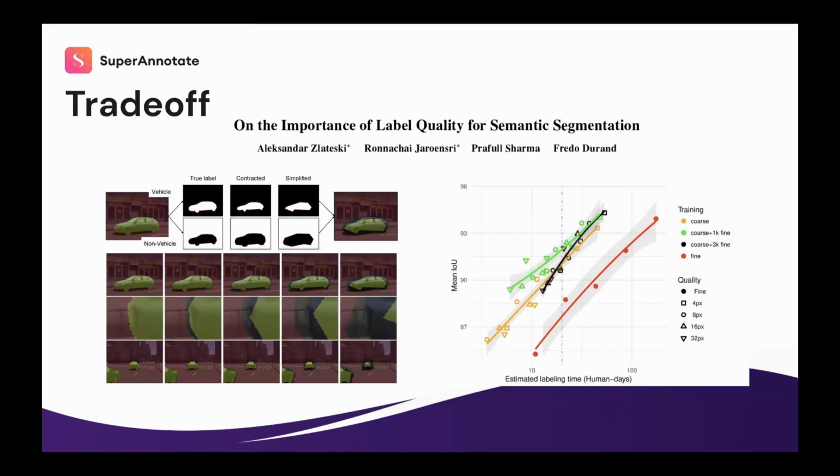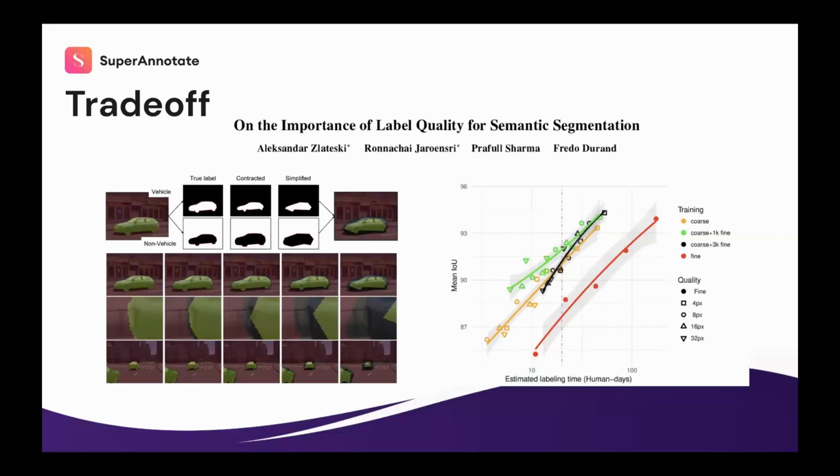This paper is actually from around four years ago at CVPR, and it talks about the importance of label quality for semantic segmentation. On this left plot, the MIT researchers took the Cityscapes dataset with very fine, extremely accurate annotations, and then used several different ways of making the annotations progressively a little bit worse.